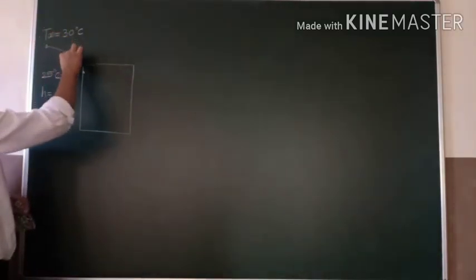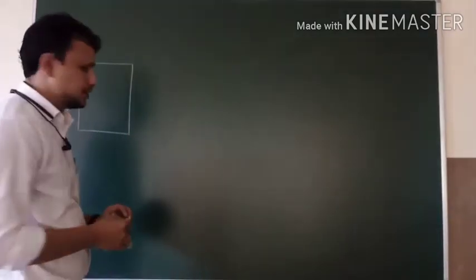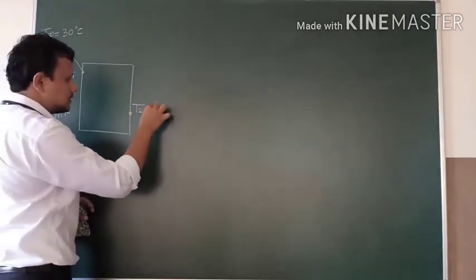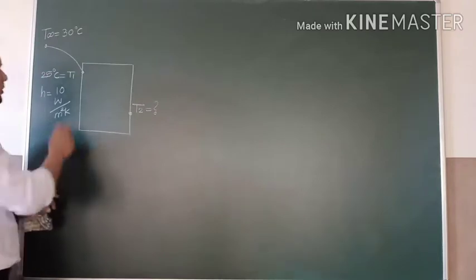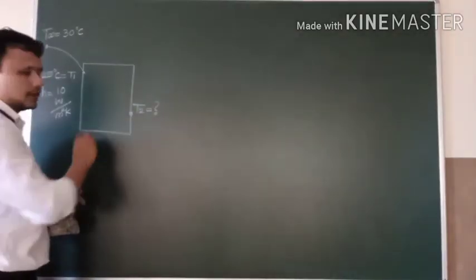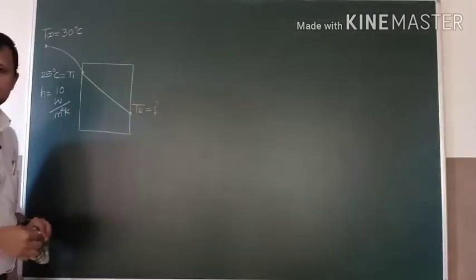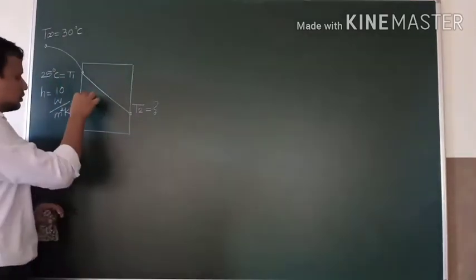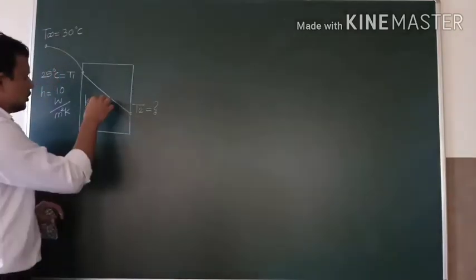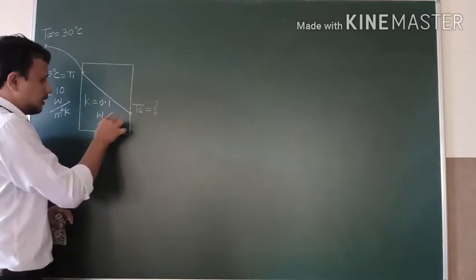Obviously there will be some temperature profile on the outside. We are supposed to determine the internal temperature of this wall, so let us say T2 is the internal temperature of the wall, an unknown parameter. Remember, in this zone there will be convection heat transfer and in this zone there will be conduction heat transfer, which takes place because of this temperature gradient. The wall has a thermal conductivity of 0.1 watt per meter Kelvin.